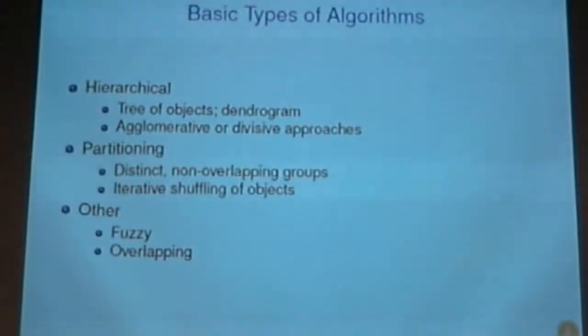So that's why I call it object identity. So the identity of objects is unknown. Basically, it's unsupervised learning, whereas in classification the membership or identity of the objects is known. So it's different. The basic types of algorithm are hierarchical, partitioning, and other types of things.